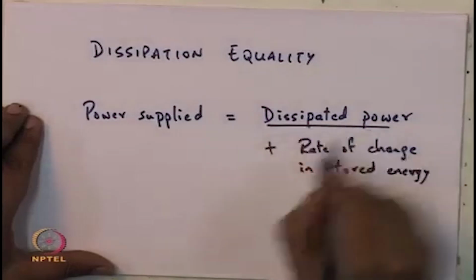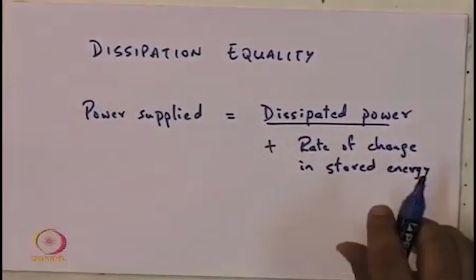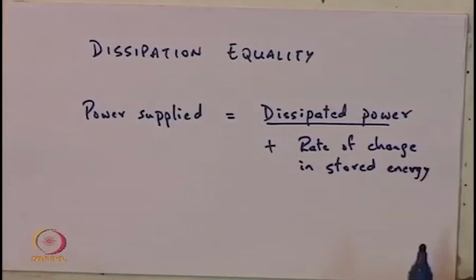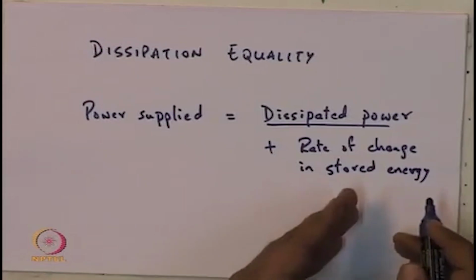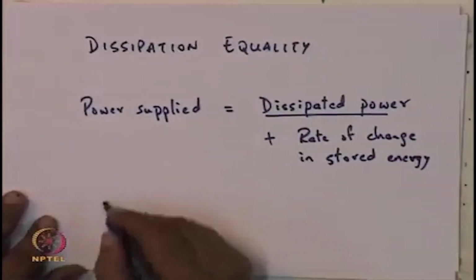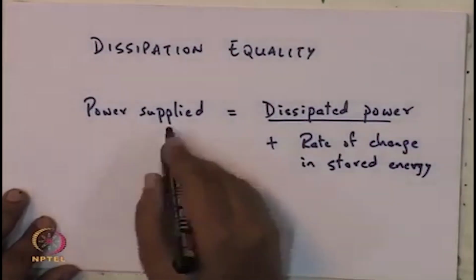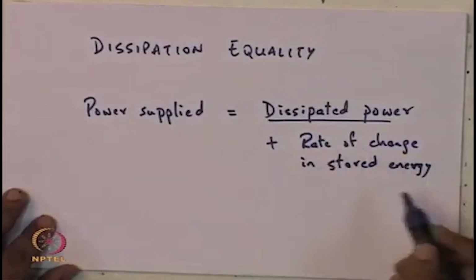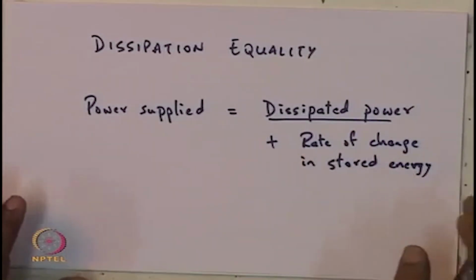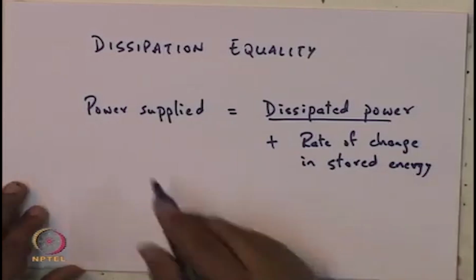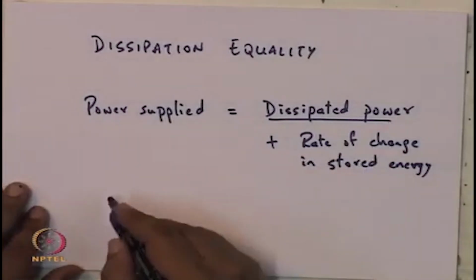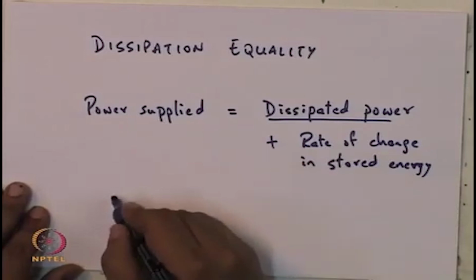Well, as far as dissipated power is concerned, this dissipated power is always going to be something which is positive. Therefore, I could take this rate of change of stored energy to the other side, and I can always say that power supplied minus the rate of change in stored energy is some quantity which is always going to be positive. Now, in case of a circuit, of course, we can write this down.